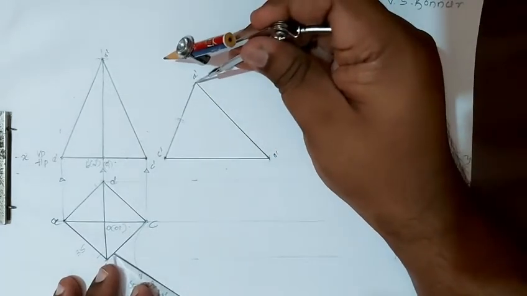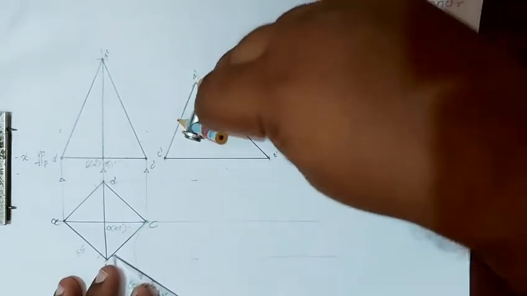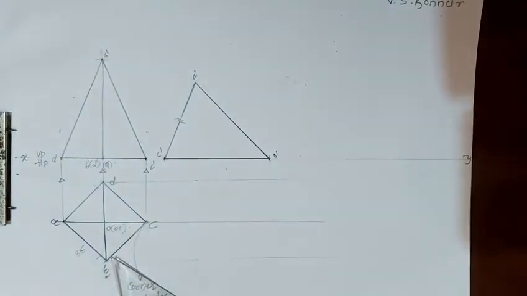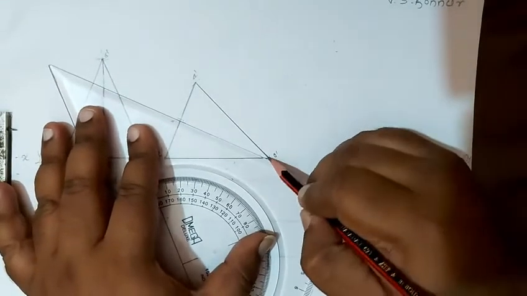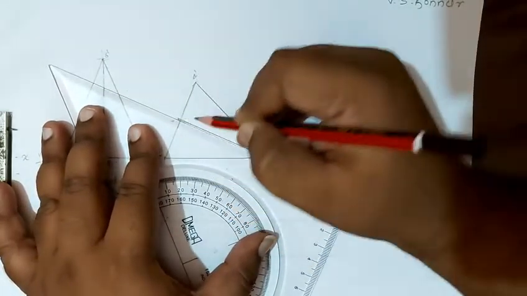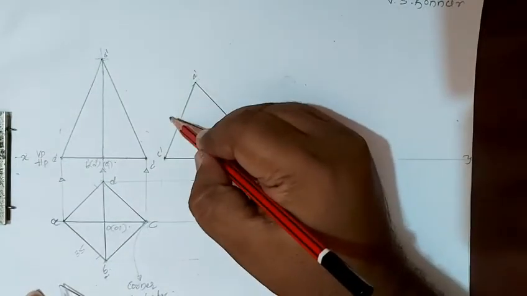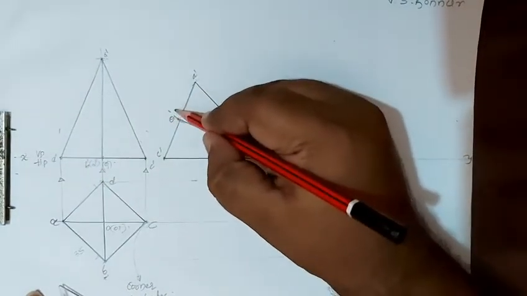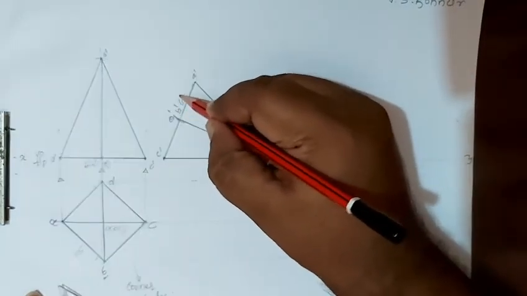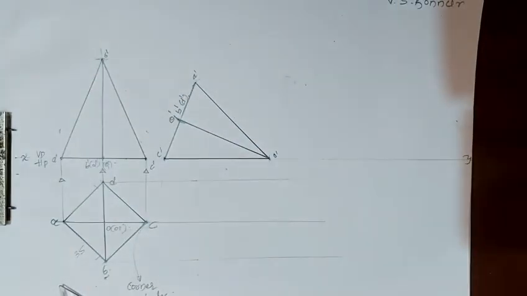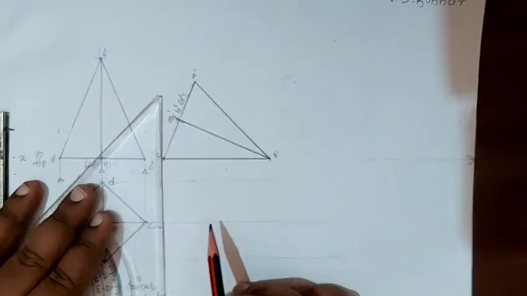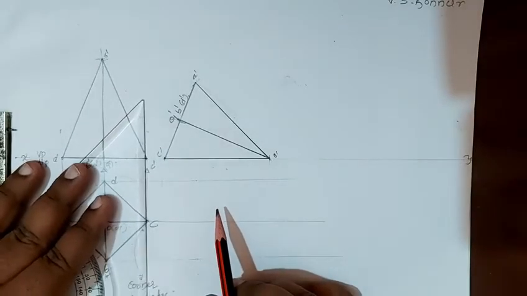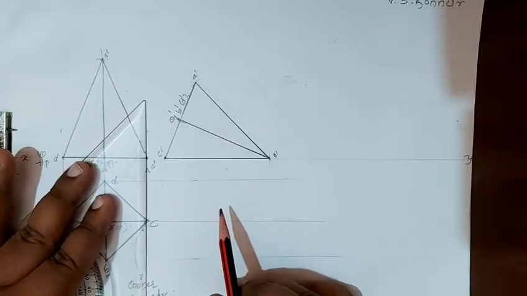Or you can draw from the A point, it should be the same. And join O dash to O1 dash. Here we'll get O1 dash and also B dash, D dash. Now we'll draw the projectors from all the points vertically, parallel to this line.